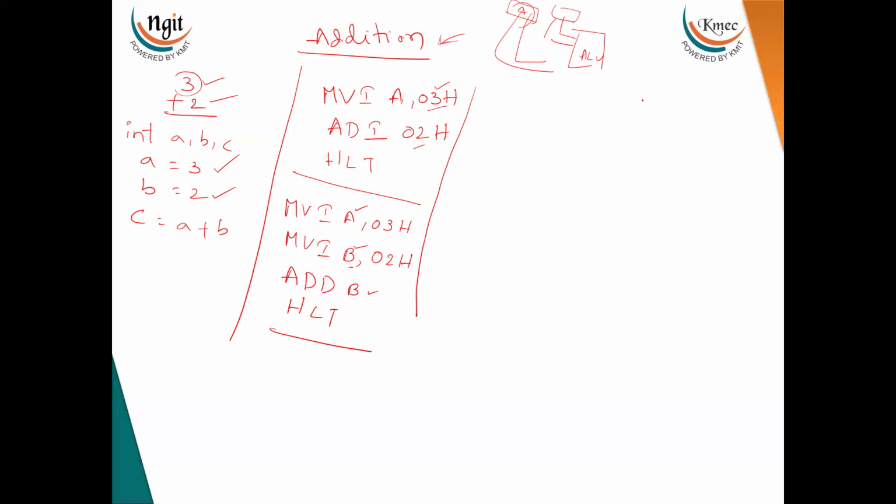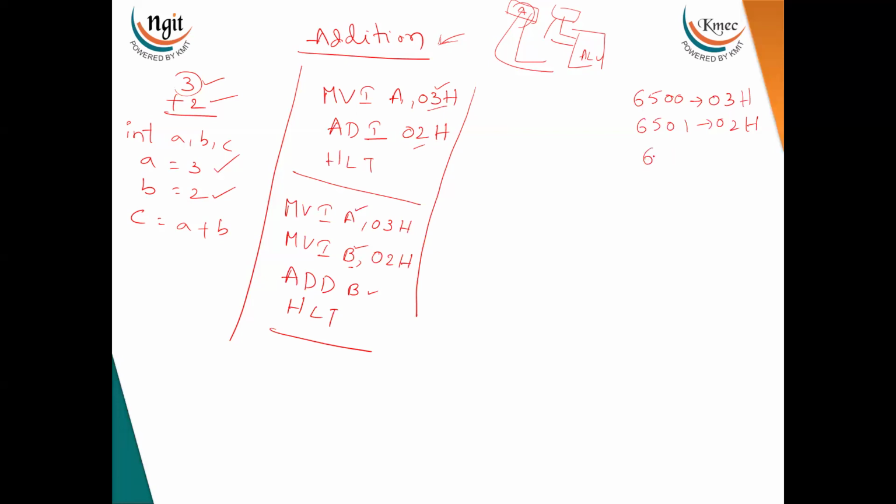So I have to store the values in memory locations. Say I take location 6500. In this location I store 03H, and at 6501 I store the second value. If I wanted to change the data, I come to this memory location and change it there, instead of changing the data within the program.